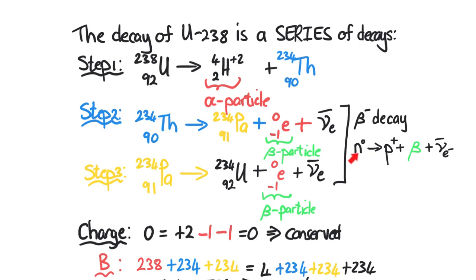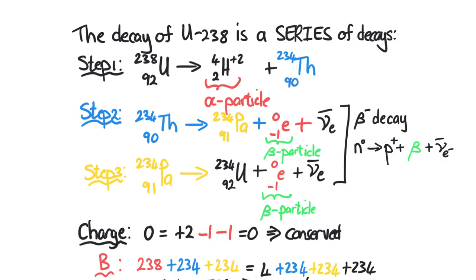Now beta decay we'll learn more about later on, but in beta decay we have a neutron that changes into a proton plus a beta particle, which is the electron, plus the electron antineutrino. So this is one of the three main radioactive decays. You get alpha, beta, and gamma.